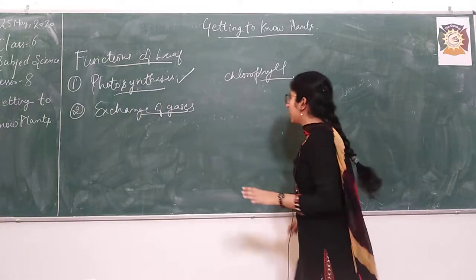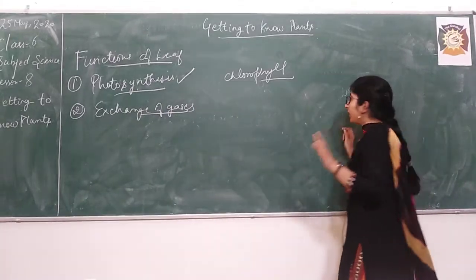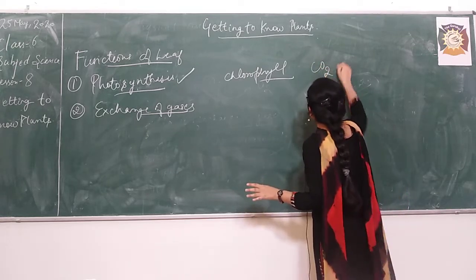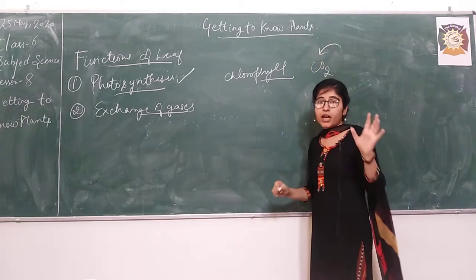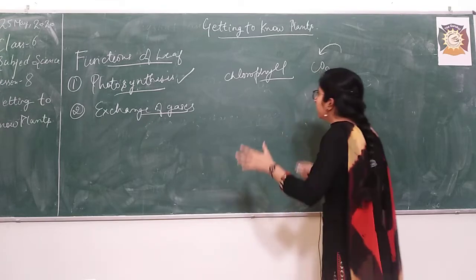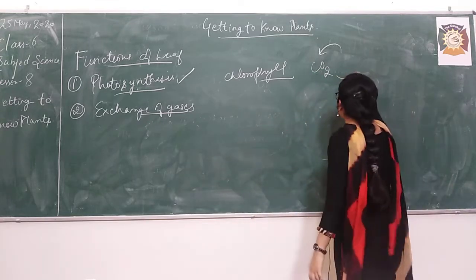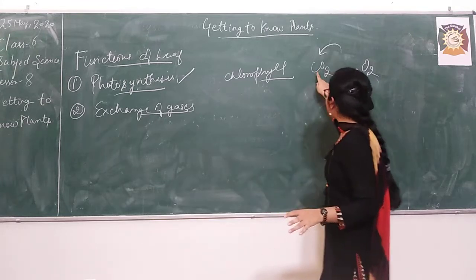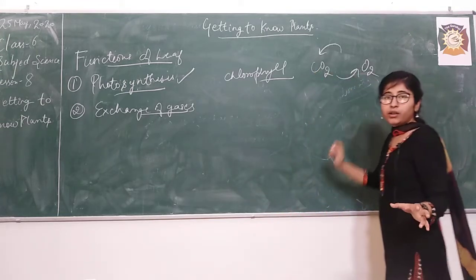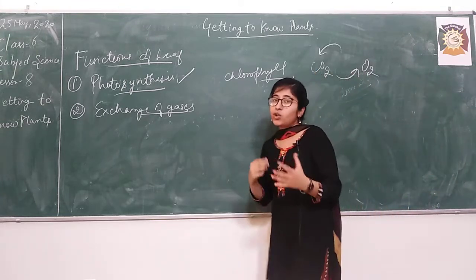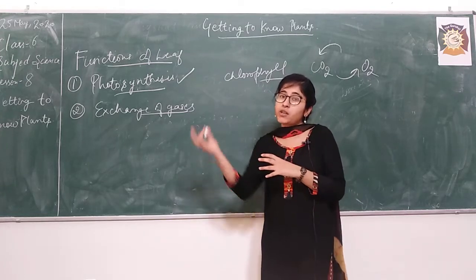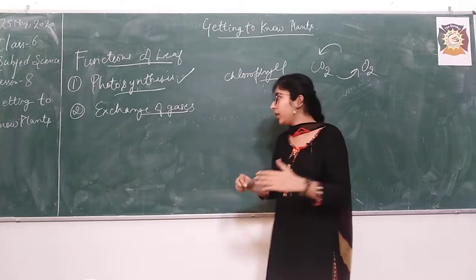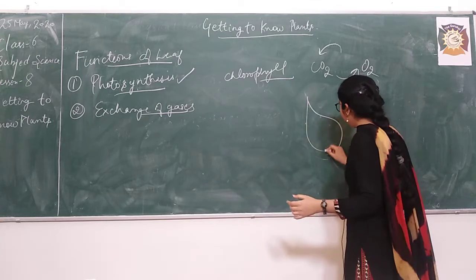In photosynthesis, carbon dioxide is consumed by the plant. Carbon dioxide, sunlight, chlorophyll, they all combine and produce oxygen and water. So what do we get to know? That carbon dioxide is first of all entering the leaf.